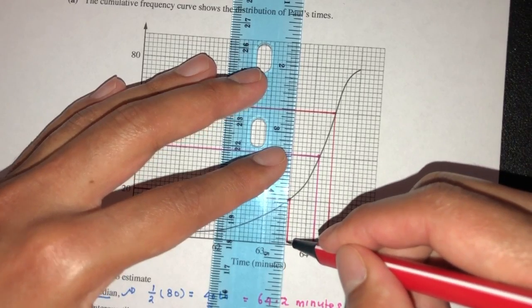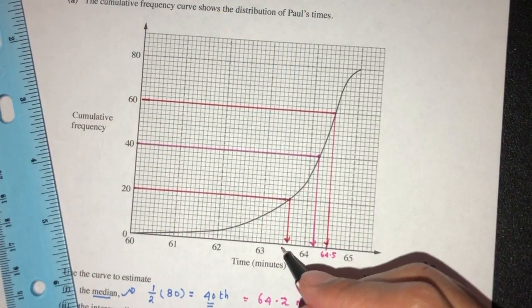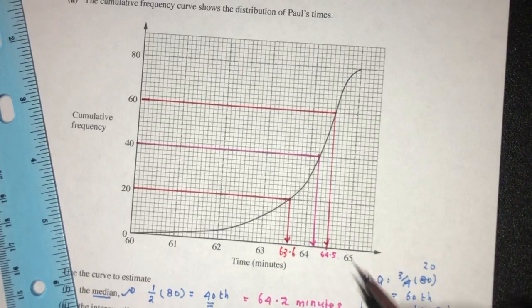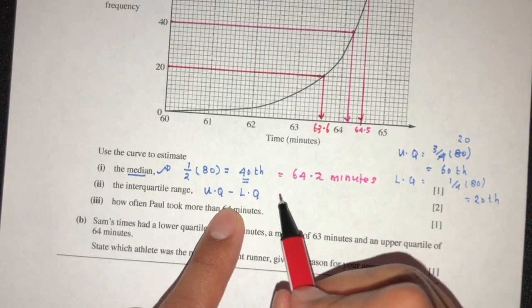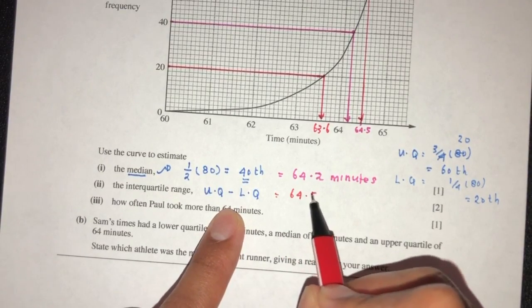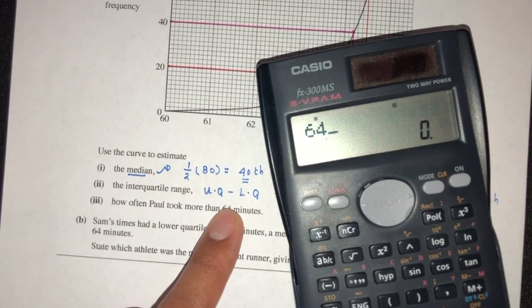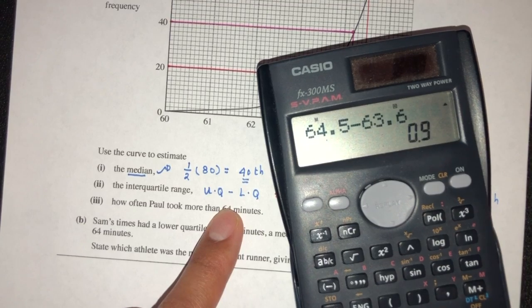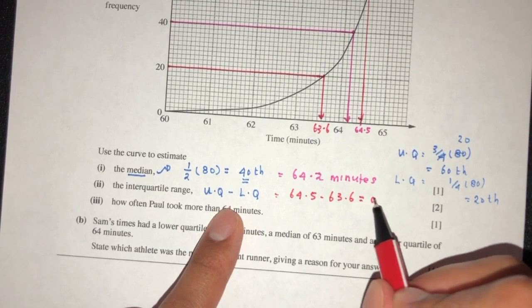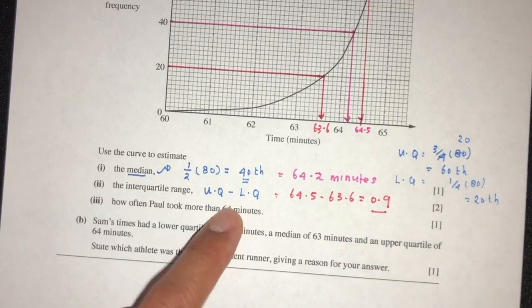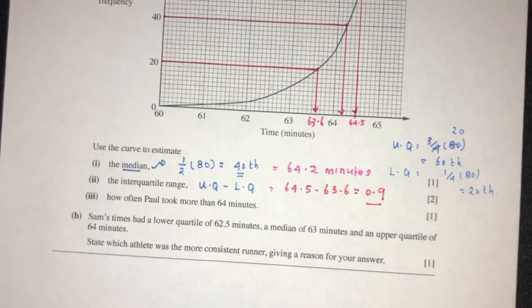It is 63.6, right? So upper quartile is 64.5 minus 63.6. That should be 0.9. 0.9 minutes. That will be the range.